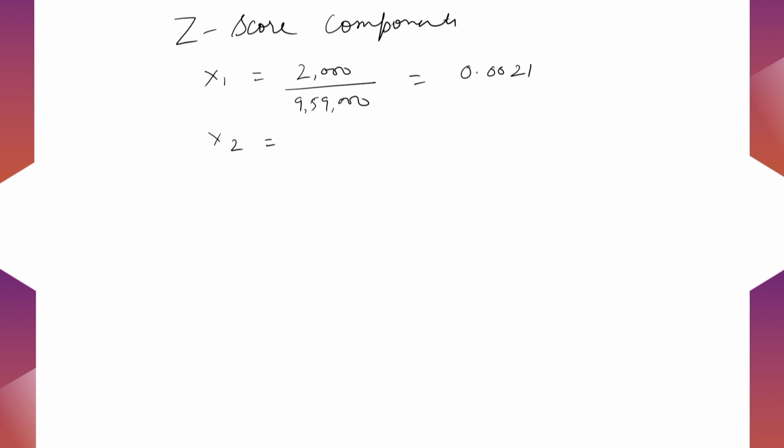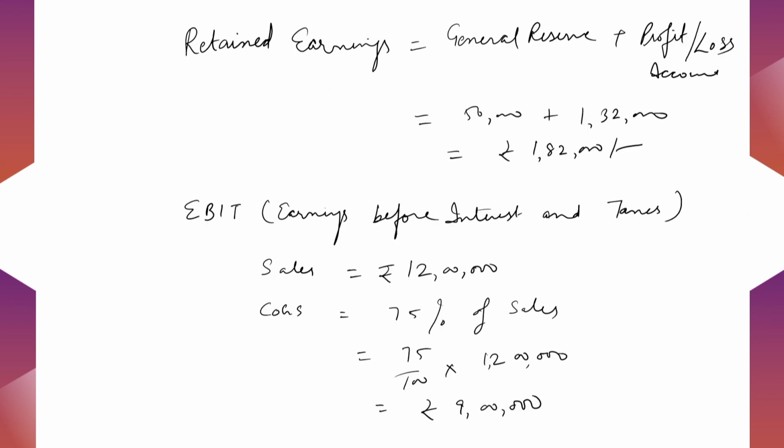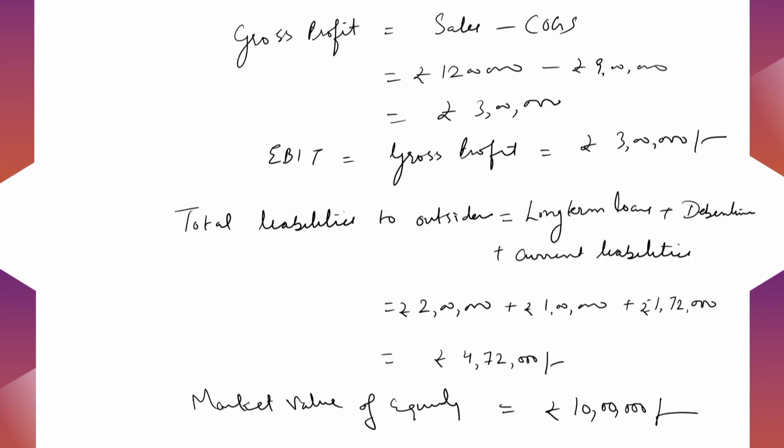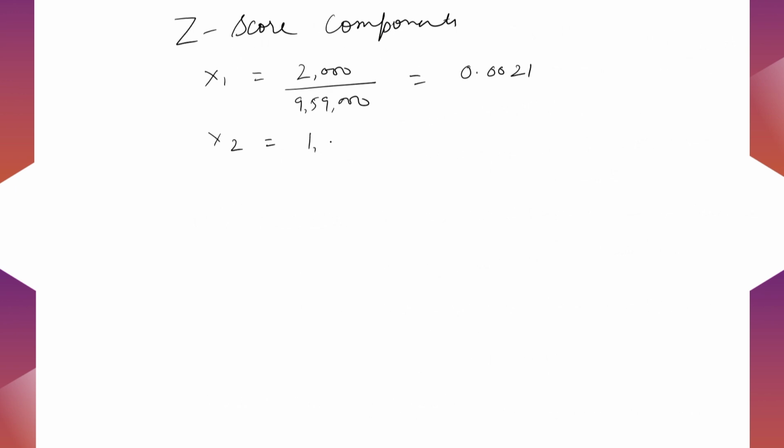I told you that we computed the retained earnings also in the question, which came to rupees 1,82,000. So we take 1,82,000 retained earnings divided by 9,59,000, that is our total assets. So we reach the figure of 0.1898 approximately.